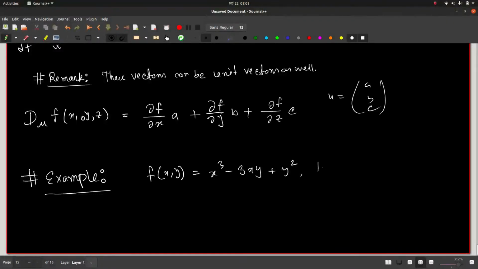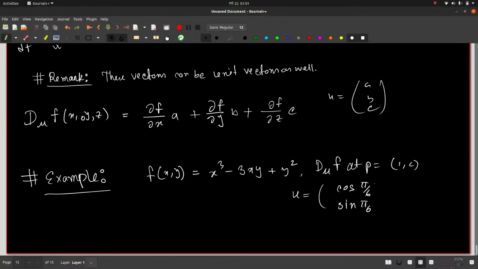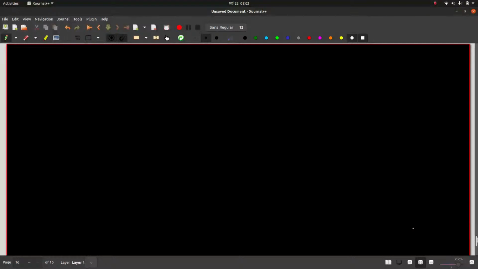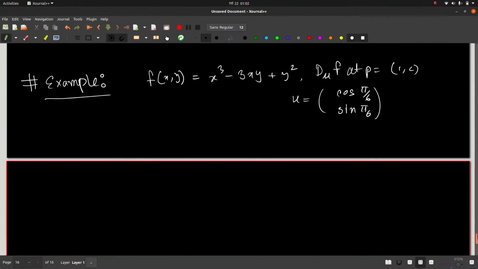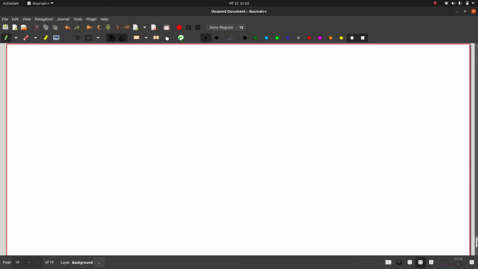We want to compute this quantity at p equals 1, 2 with u equal to cosine pi by 6, sine pi by 6, right? So all we have to do is use the formula that we derived a few minutes ago, and we will be good to go.